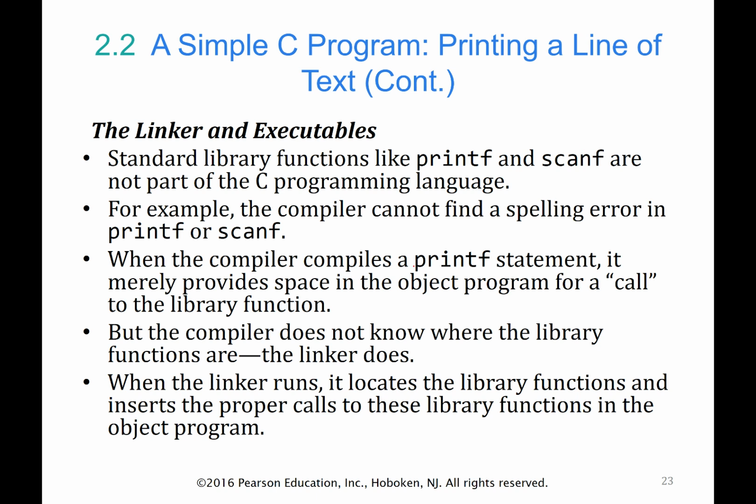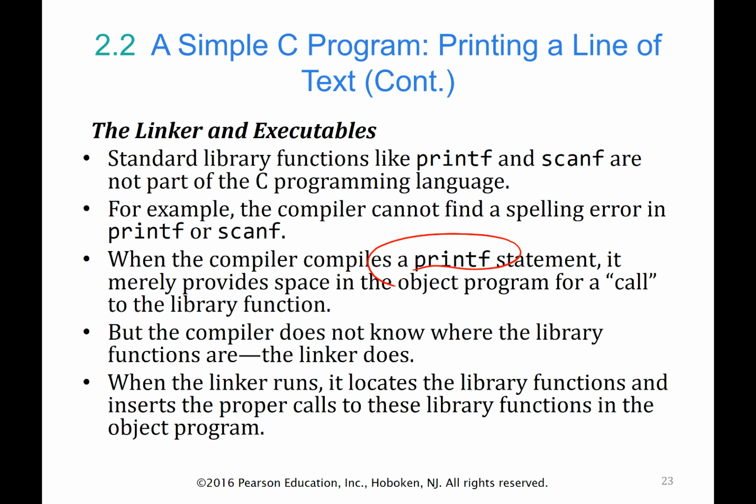So when the compiler compiles printf, it merely provides space in the object file for a call to the library function. The object file, the output of the compiler, will not run because it doesn't have printf in it. It doesn't have scanf. It doesn't have sine, cosine, or square root.